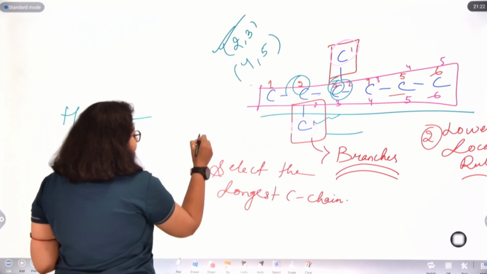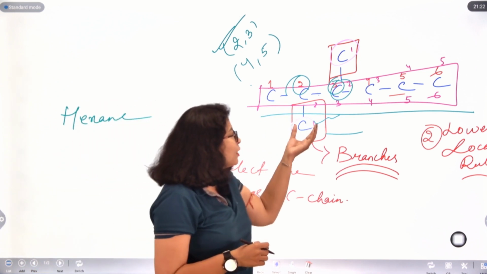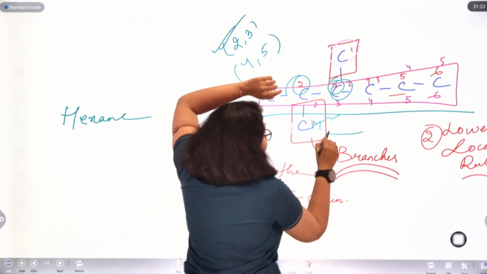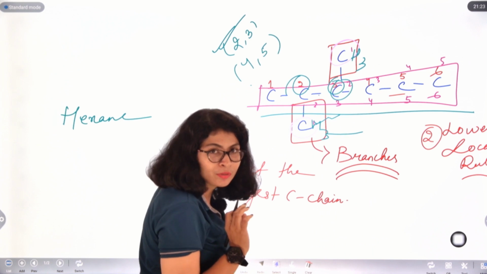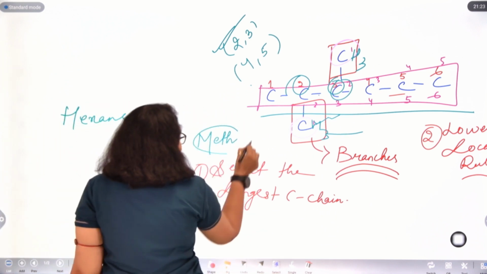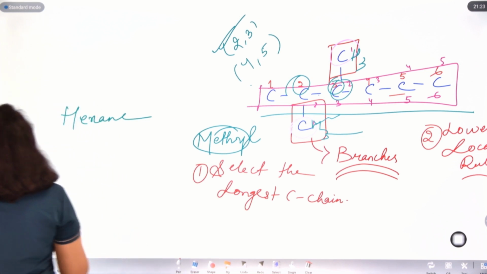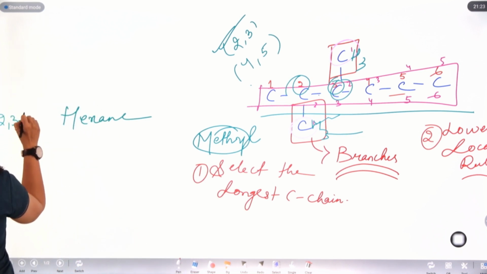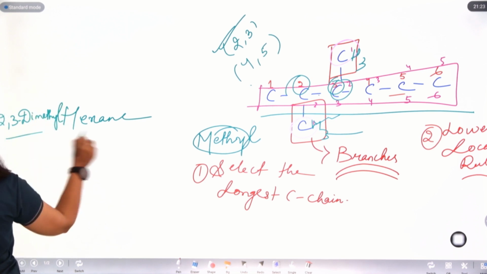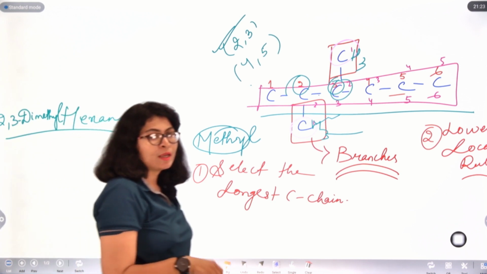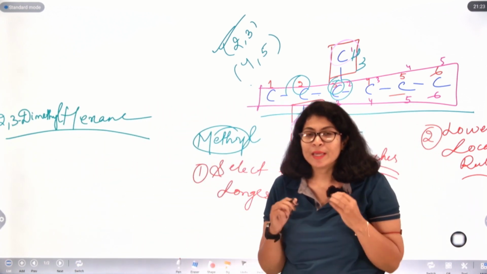Single carbon means the word root is meth, and if I simply look at them, this will be CH3 and this will be CH3. So CH3 is an alkyl group, right? The word root for it is meth, so that alkyl will be methyl. So the name here will be 2,3-dimethyl hexane. The IUPAC name for this compound will be 2,3-dimethylhexane.